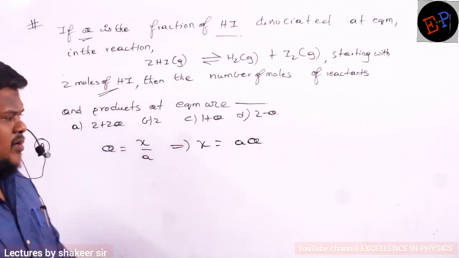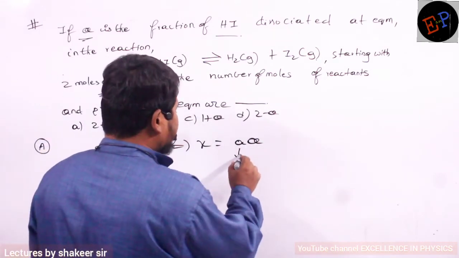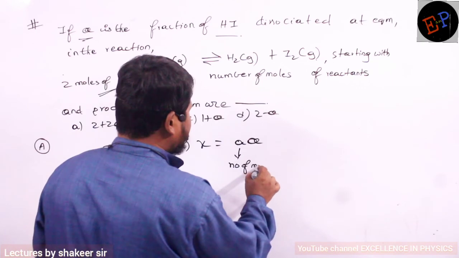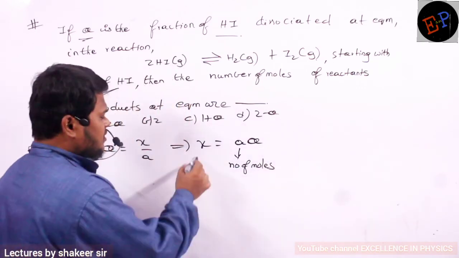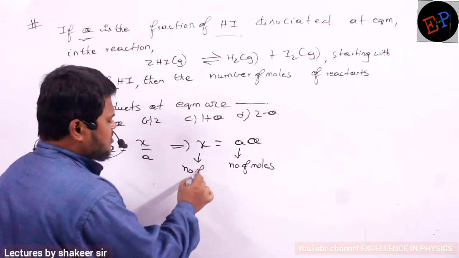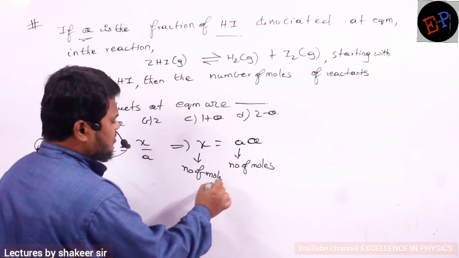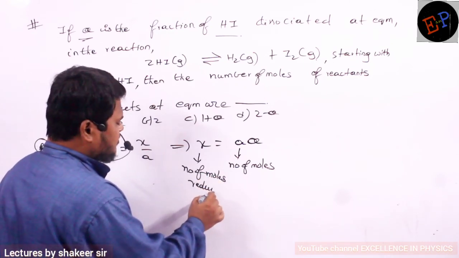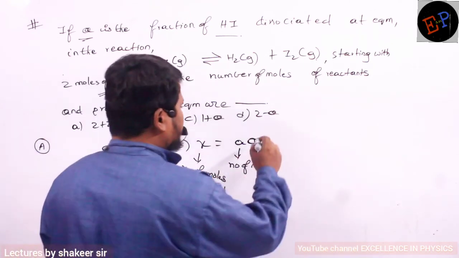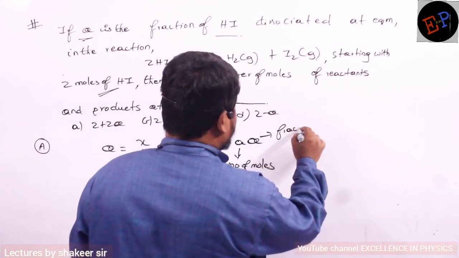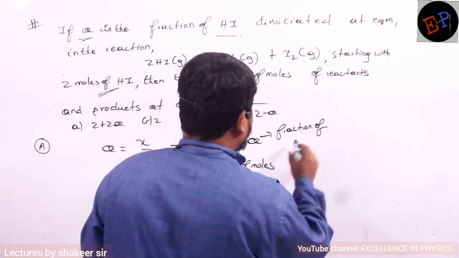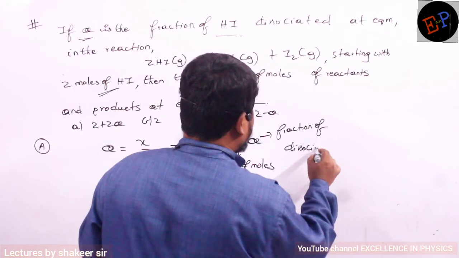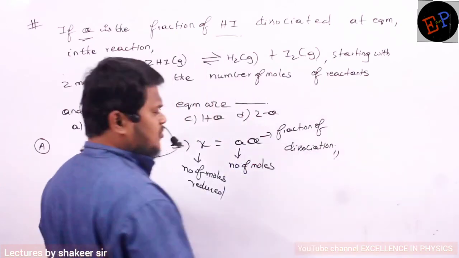What is a? a is the initial number of moles of reactants. x is the number of moles reduced. You should not forget this terminology. Alpha is called the fraction of dissociation. Are you able to understand?